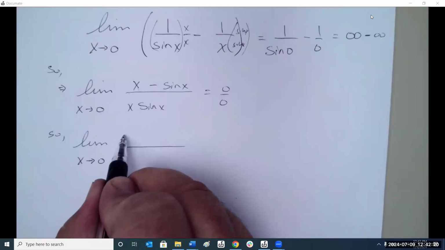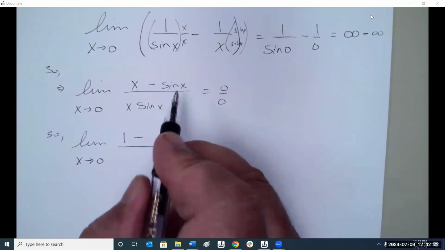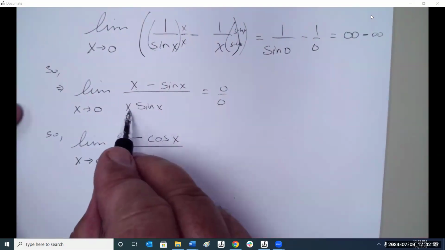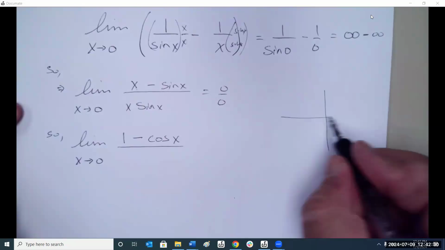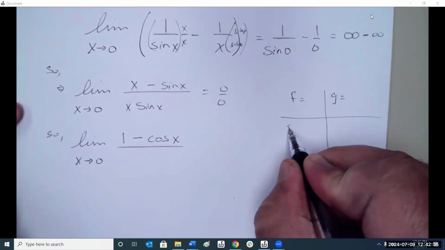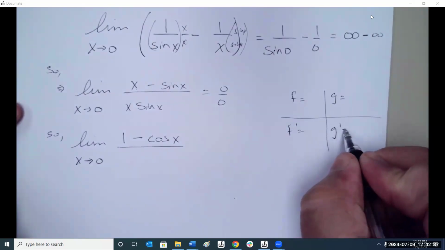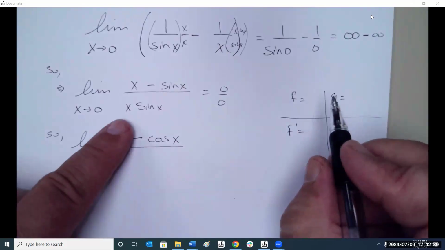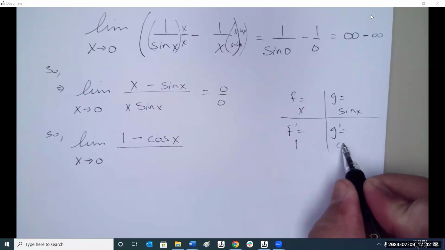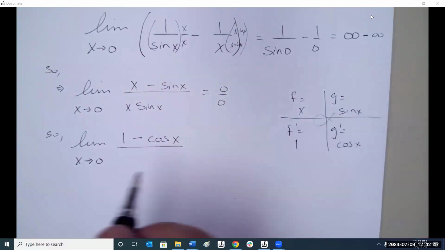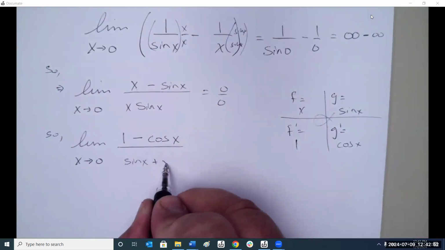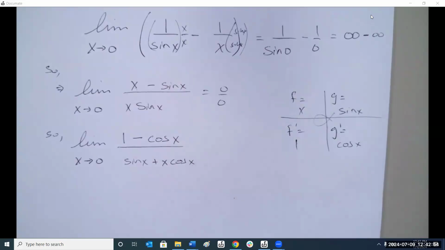The derivative of x is 1. Derivative of sine is cosine. Now we don't have a choice, but we have to use the product rule. We have x times sine x, 1 times cosine, which makes it sine x plus x cosine x.